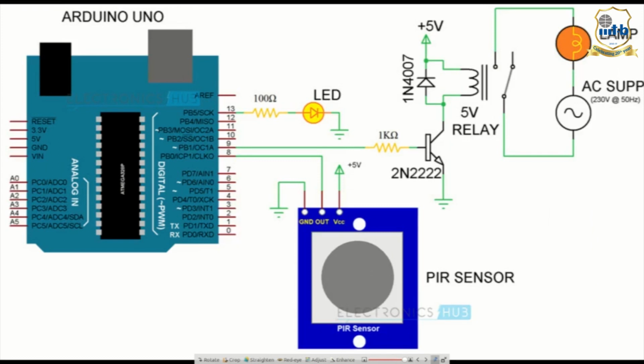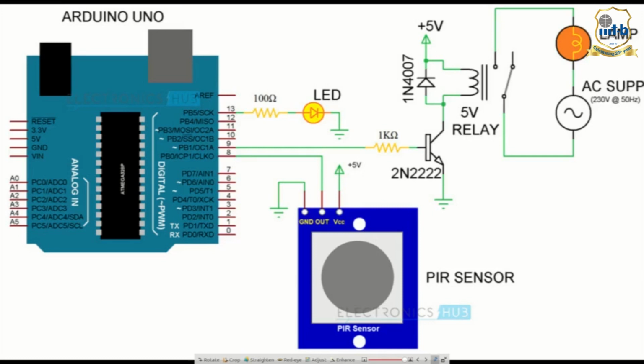Right, so now let's go about how the interaction in our entire setup takes place. The PIR sensor detects motion and sends 1 if there is motion in front of it, and 0 if it doesn't find any motion.